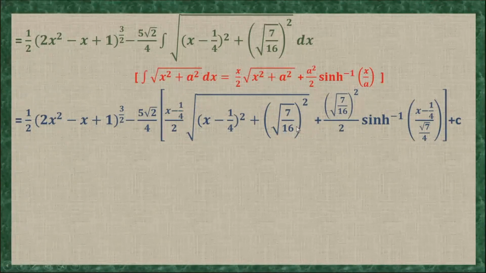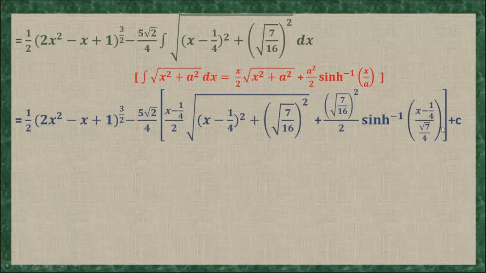A square here means (root 7 by 16) whole square. So it becomes (root 7 by 16) whole square by 2 into sin h inverse of x by a. X is nothing but x minus 1 by 4, by a. Here a means root 7 by 16. Under root, root 7 by 16 is nothing but root 7 by 4. Root 16 is how much? 4. So I wrote here root 7 by 4.